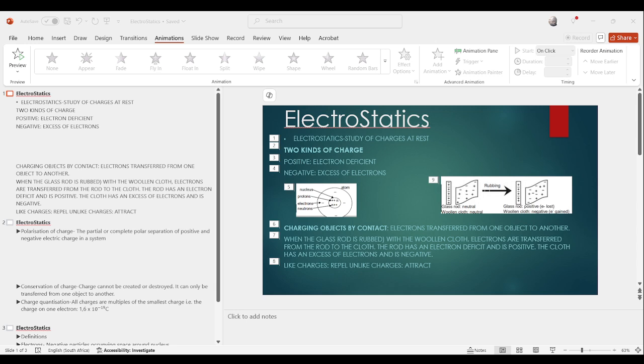If you have a magnet and you bring another magnet, the southern part will attract the northern part of the other magnet. But this only happens when there is separation of charges. If the charges are positioned in such a way that they are equally distributed, then your objects won't be attracted to each other.